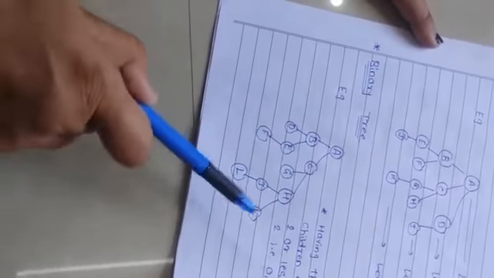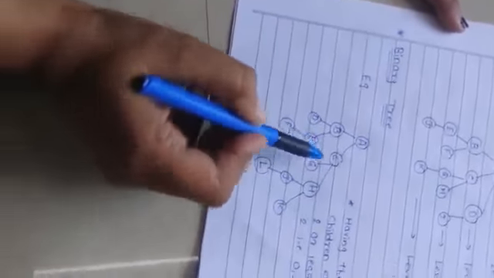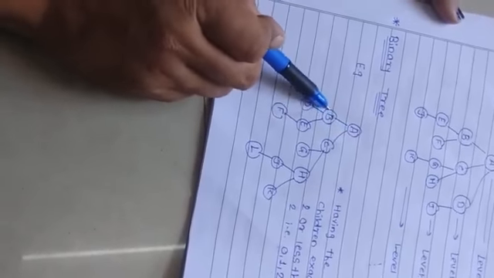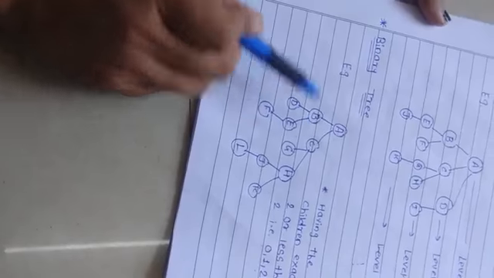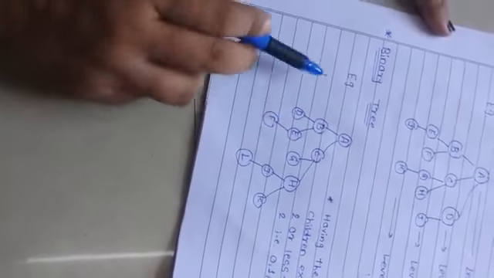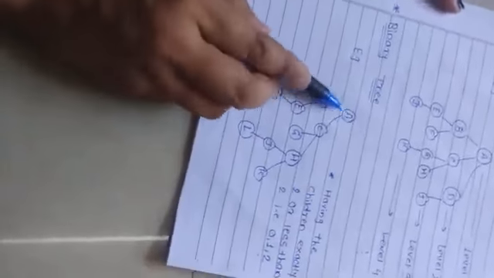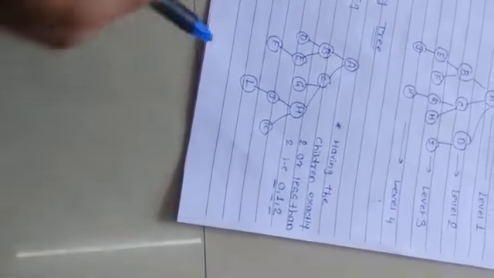It means that in a binary tree, every node has a maximum of 2 children and a minimum of 0 children. Every node has 0, 1 or 2 children, not more than 2.